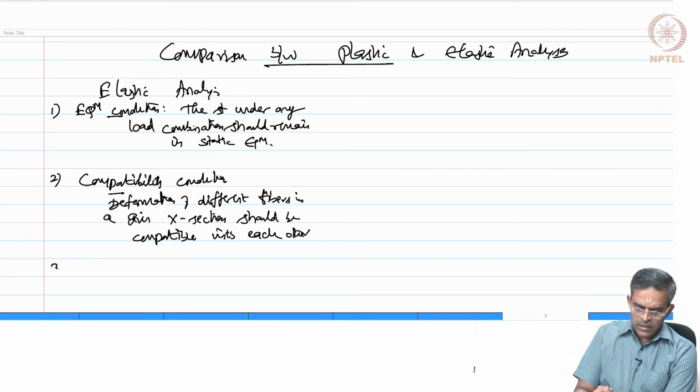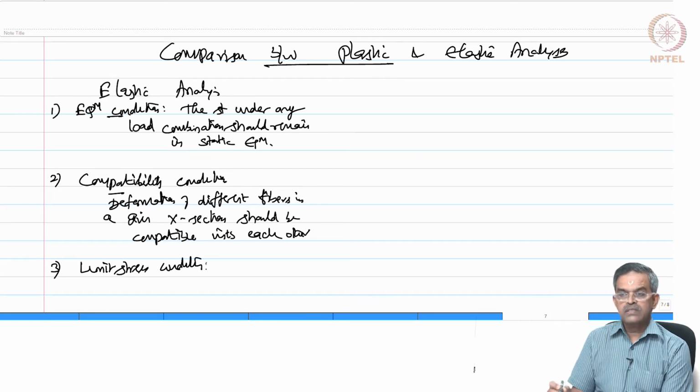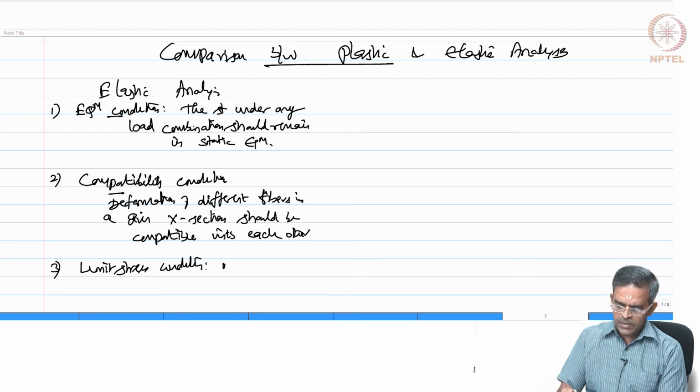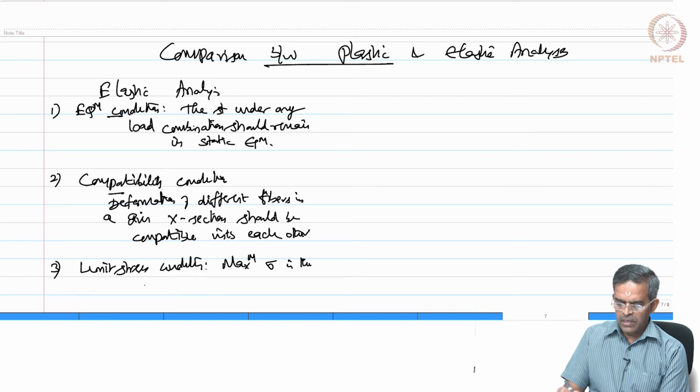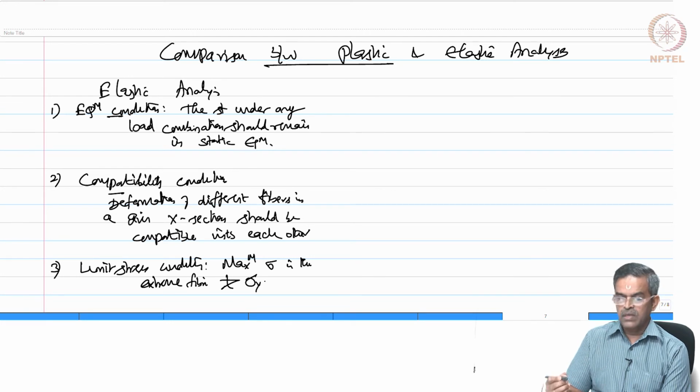The third condition is called limit stress condition. This condition states that the maximum stress in the extreme fiber should not cross yield stress.